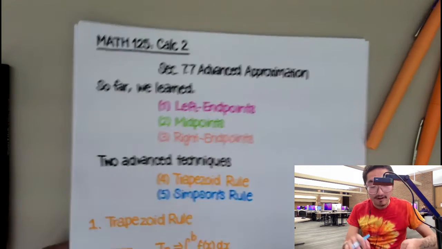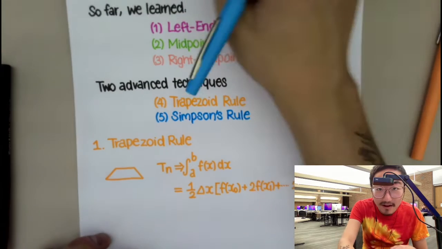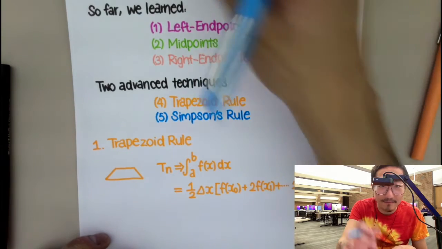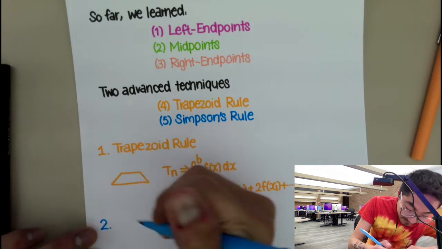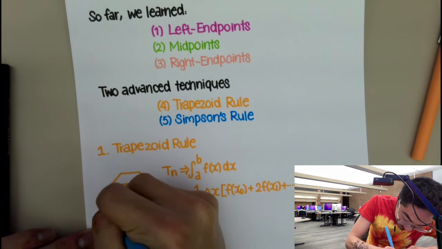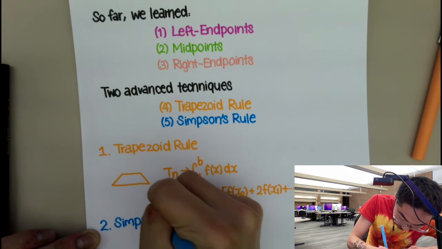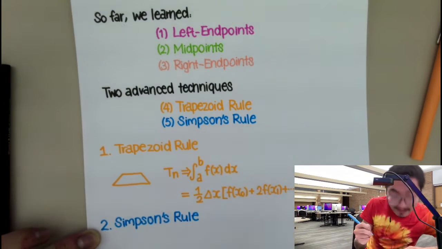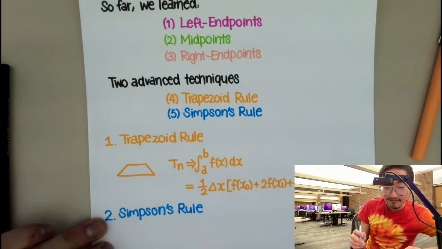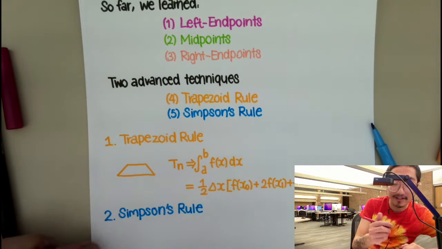For the next one, Simpson's rule, I think it seems more complicated, but it's not. For Simpson's rule, it can only be used with an even number of subintervals.